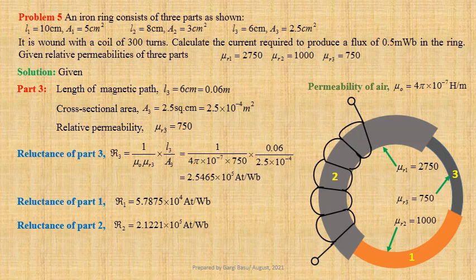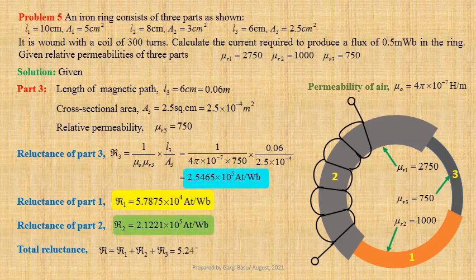Now we shall determine total reluctance. R equals R1 plus R2 plus R3. Using values we get 5.24736 into 10 to the power 5 ampere turns per Weber.